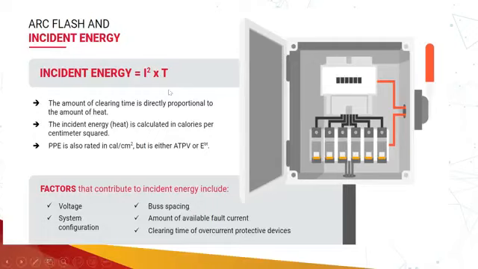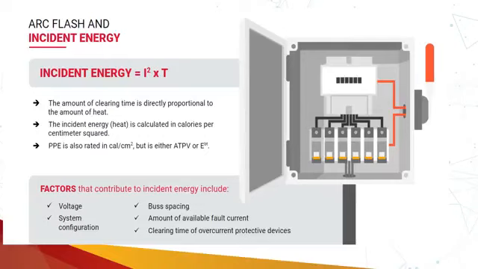What is easy to do is to play with this fault clearance time. Check whether the fault clearing times of those protective devices are okay, or is there anything which you can do with it.